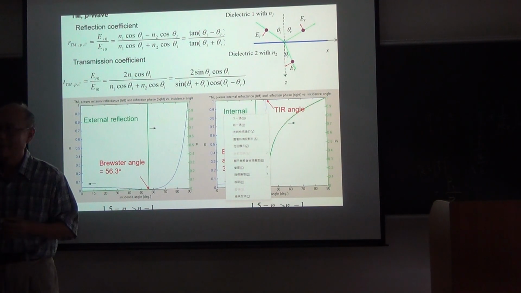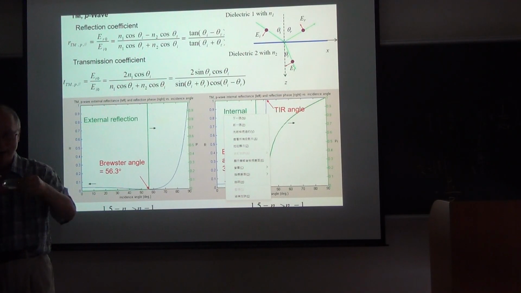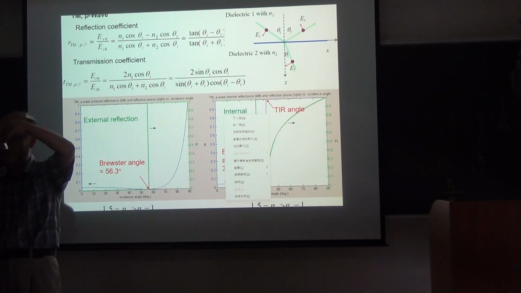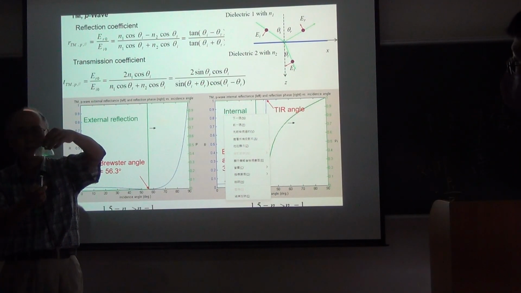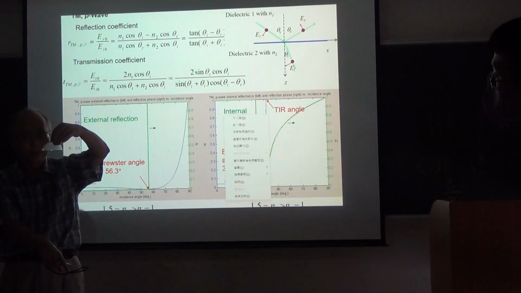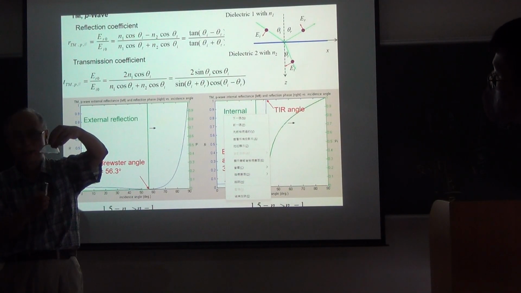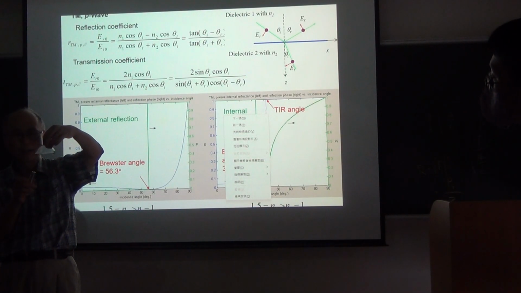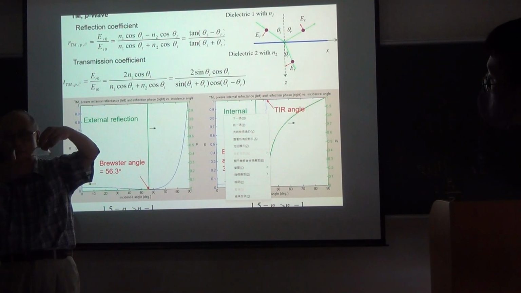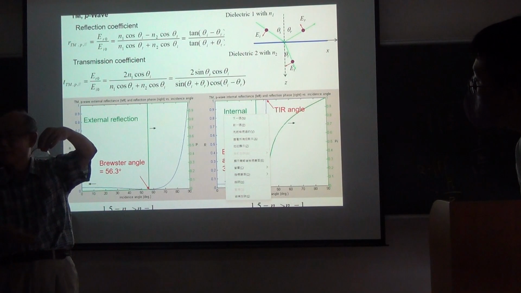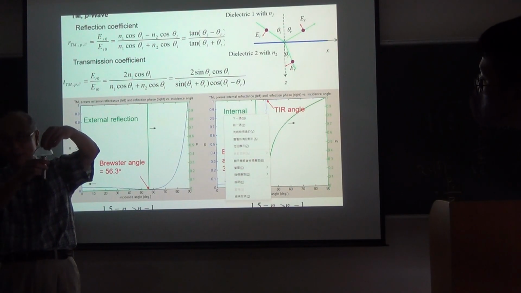Can you just say again the Brewster's angle? Brewster's angle is like this: if I have this flat surface, you see some transmission and some reflection, right? But for this configuration, the plane of incidence is this one. The surface normal is this direction, and the beam is along this direction.